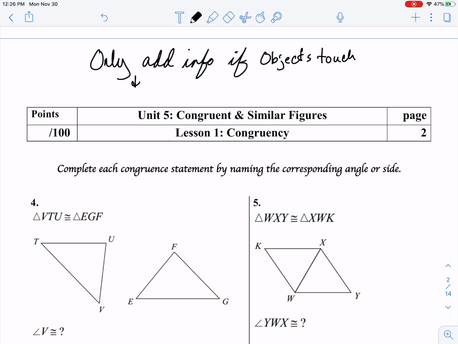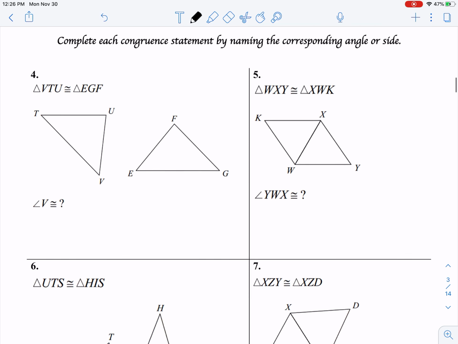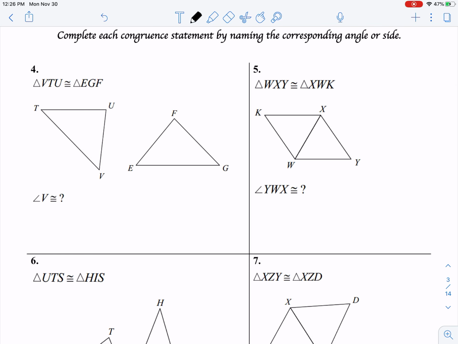All right, a special note, if they touch at a point, you can add an angle, and if they touch at a side, you can add marks about a segment. Okay, so on number 4, they're not touching, so what I see is what I get.